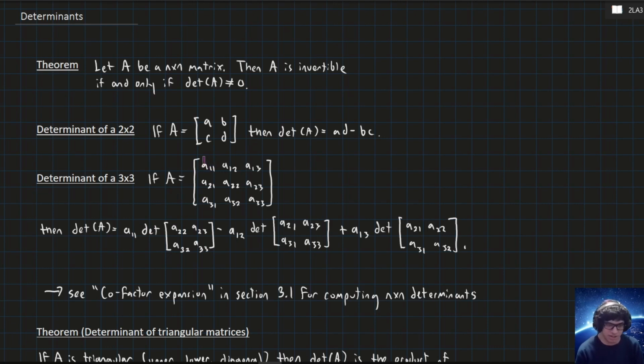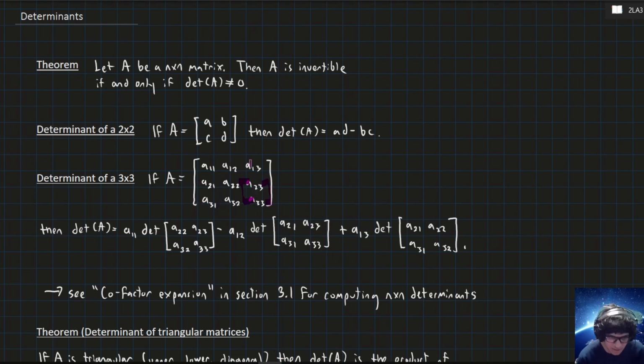I take the first entry in the first row and multiply it by the determinant of this part. Then I subtract off the second entry in the first row multiplied by the determinant of this matrix here.